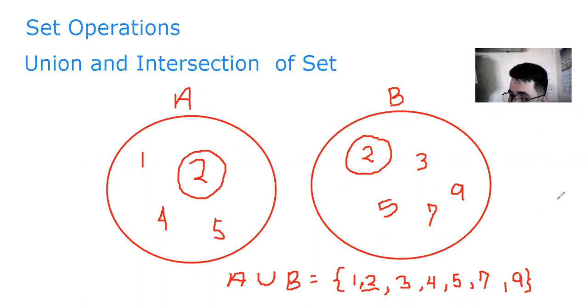Kung magkatulad man sila, hindi na natin siya isusulat as 2. As 1 pa rin natin siya isusulat, okay? Kaya dito, there is no repeated element. 1, 2, 3, 4, 5, 7, 9. Even though there is 2 and 2, and there is 5 and 5, we only write one element in one set. So, this is A union B.